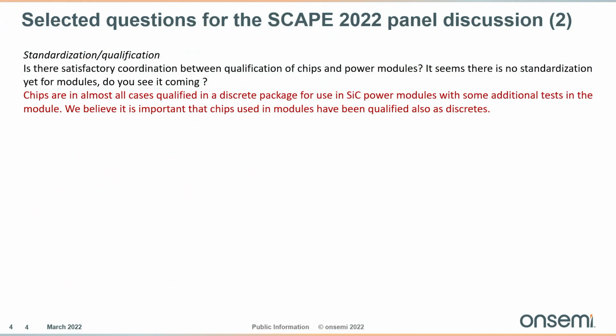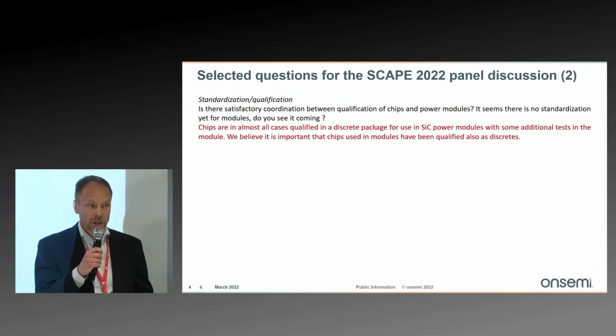And on standardization and qualification for modules, the way we are working, we always qualify the die in a discrete package to be allowed to be used in a module. And then there are also some module-related reliability tests in the qualification, but the main qualification is in a standard discrete package.